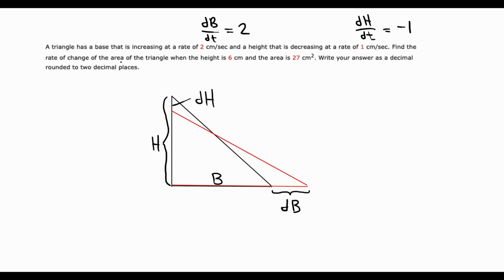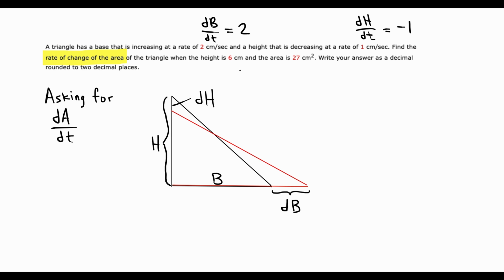They want us to find the rate of change of the area, so they're asking for dA over dt. How does the area change with time?